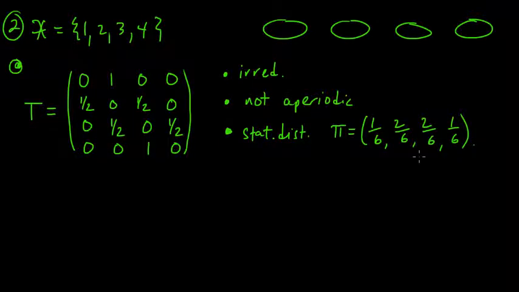You just write down the equations that you have to solve, you get some set of equations and you just solve them, and this is what you get. So this is the stationary distribution, so you're spending more time in the middle here and less time at the boundaries.